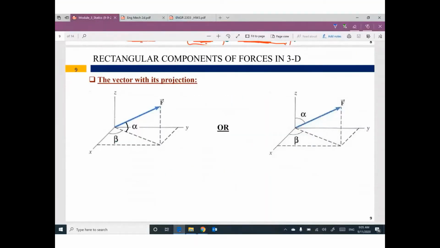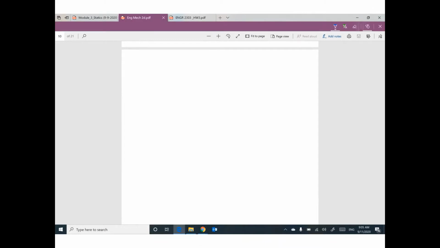Last meeting, we started how to break forces in 3D, and we learned two cases. Just a reminder, we have x-axis, y-axis, z-axis, and there is a force F with three angles.